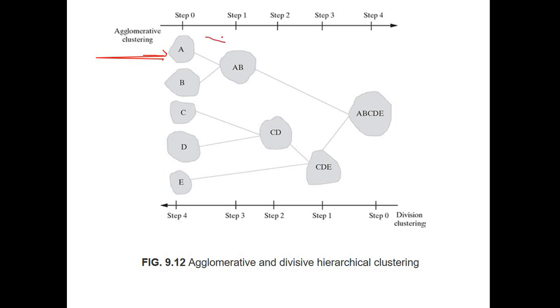Then it will merge these clusters according to their similarity into the next cluster in the next level. C, D is merged into another cluster group. E is merged into the cluster group of C, D and E. Finally, all the smaller clusters will become the larger cluster.